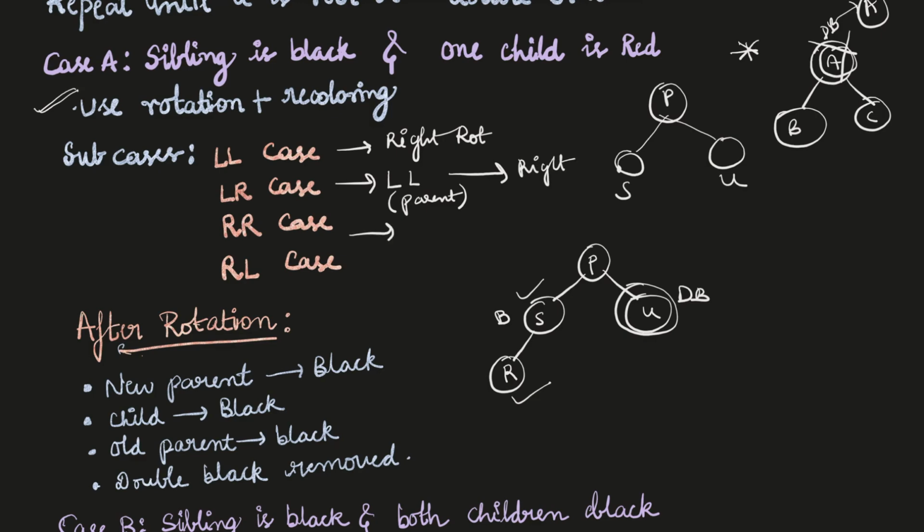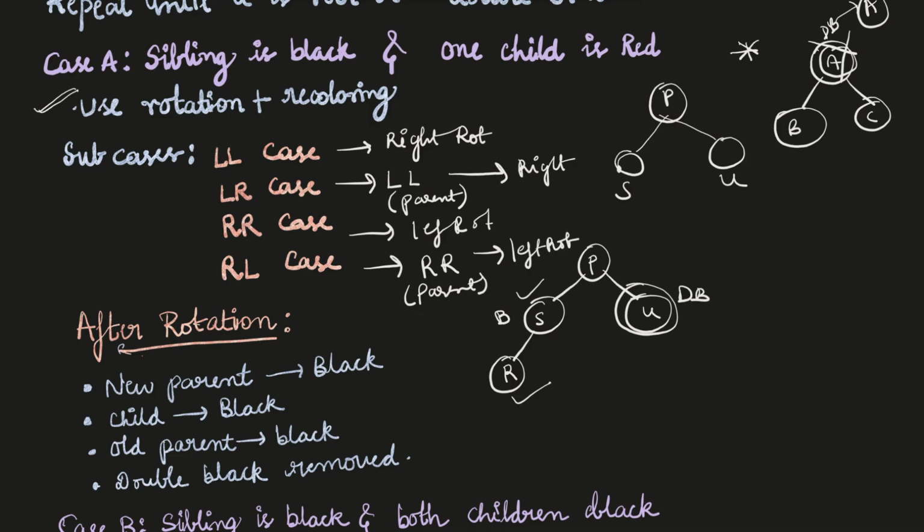If the case is RR, then you need to do left rotation, and if it is RL, then you need to first convert it into RR, I mean of parent, and then you need to do the left rotation of the following.